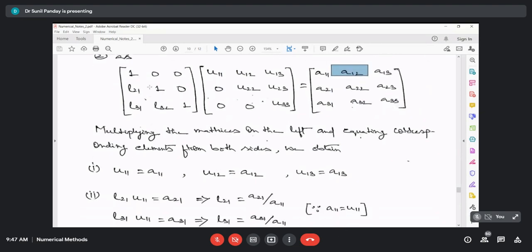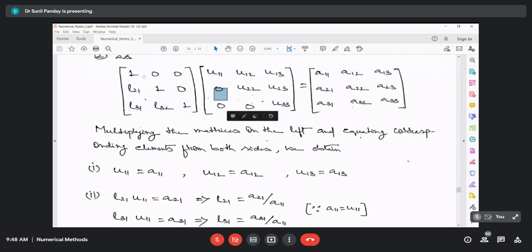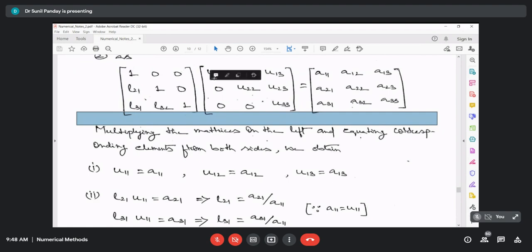Multiplying this, because this is a matrix product, what will we get? 1 is multiplied by U11, and because the other two entries below are 0, if this first row is multiplied by the first column, you will get U11 only, and U11 equals A11.